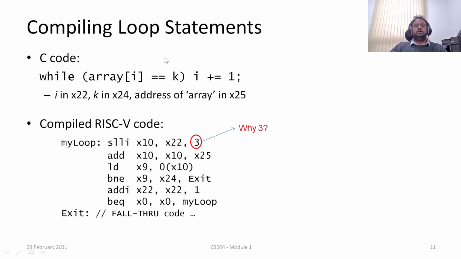So it depends on what kind of data you want to store in this array, and accordingly you would generate the RISC-V code. In Venus, because we can only handle 32-bit numbers, you would write LW, and you would need to introduce only 2, not 3.